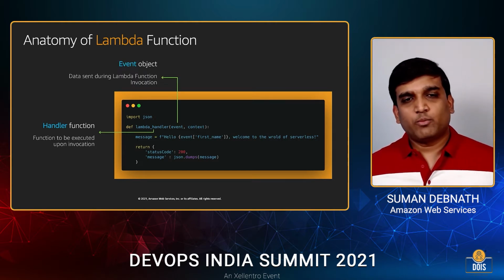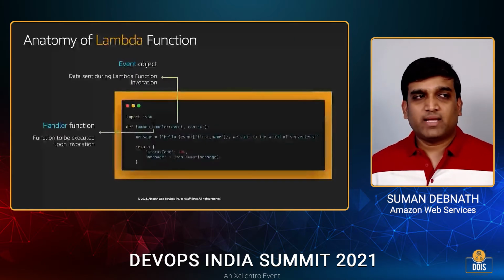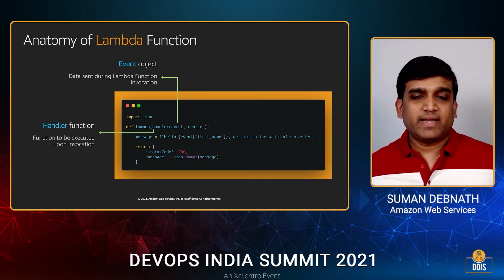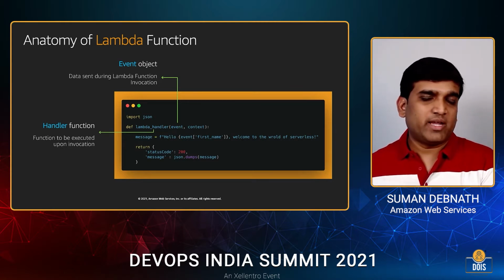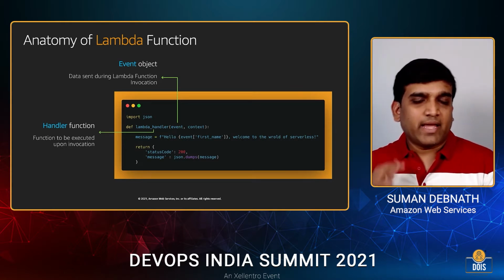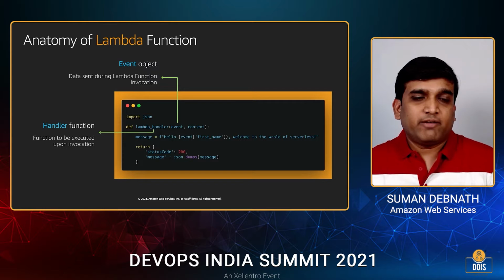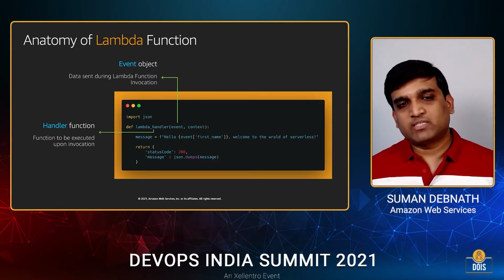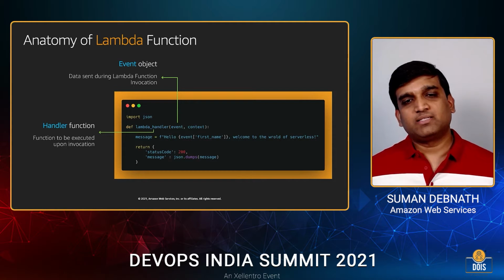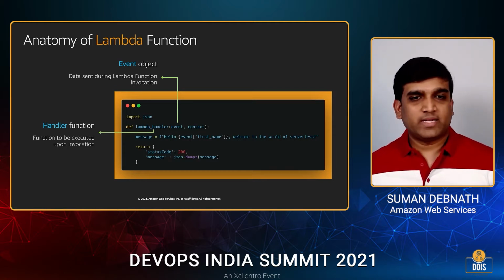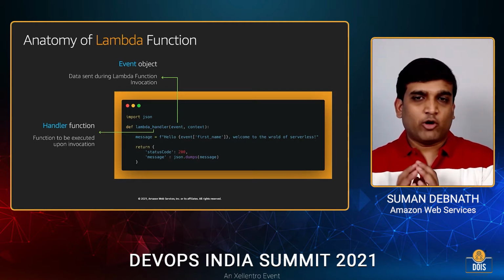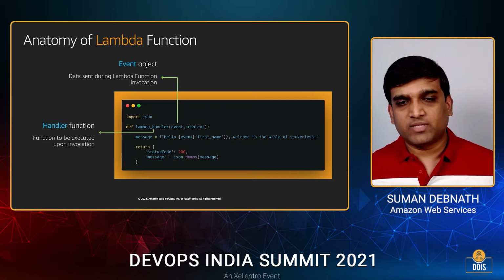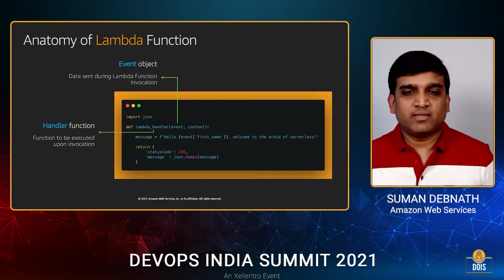One argument is the event object, which contains all the details about that particular event. For example, if it is an API Gateway trigger, then it will have all the details about that HTTP request. If the trigger is an object upload to an S3 bucket, this event object will contain all the details about that S3 object, and we are going to see that in the demo in a while.